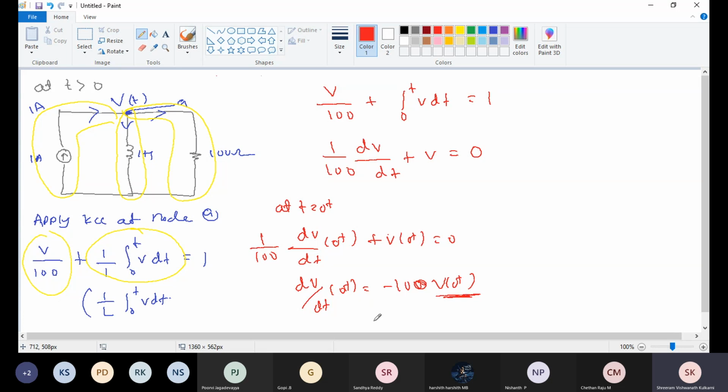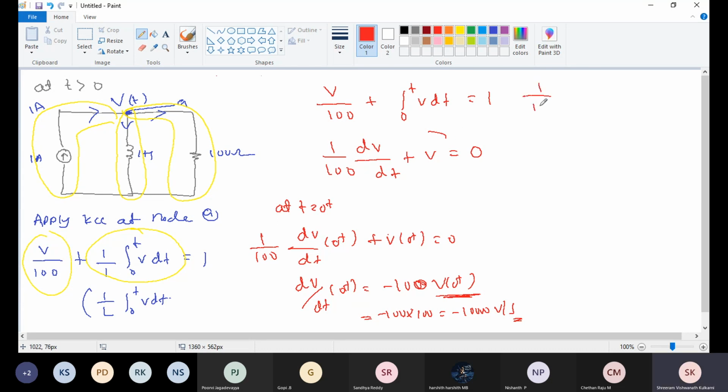I am just going to substitute here. Minus 100 into 100, so dV/dt at 0 plus is minus 10,000 volt per second. Again I'm going to differentiate this equation.